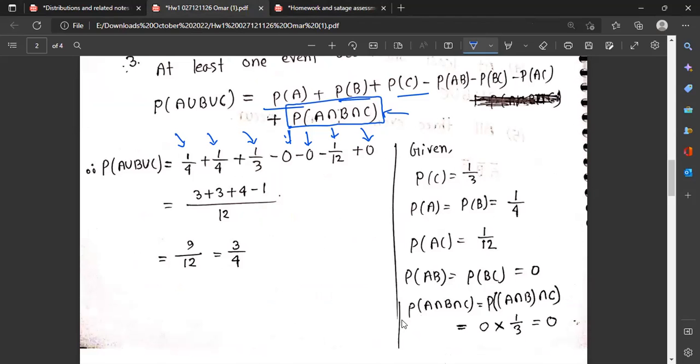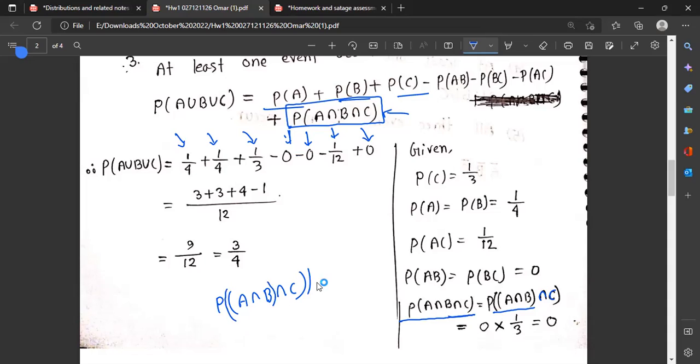P of A intersection B intersection C is P of A intersection B, intersection C. You can just separate them, so this is the same.